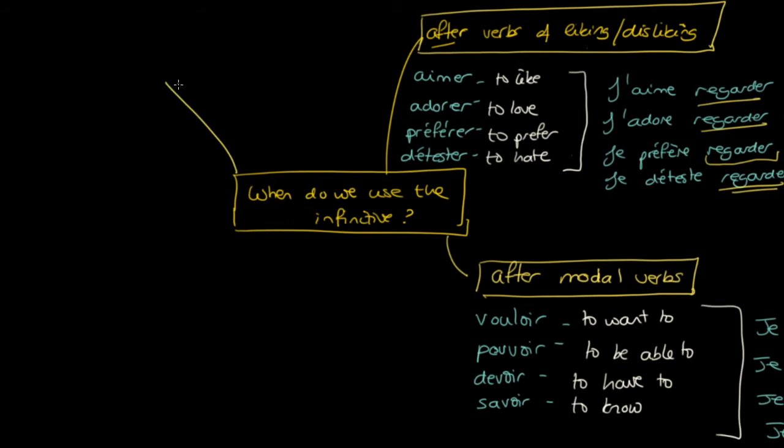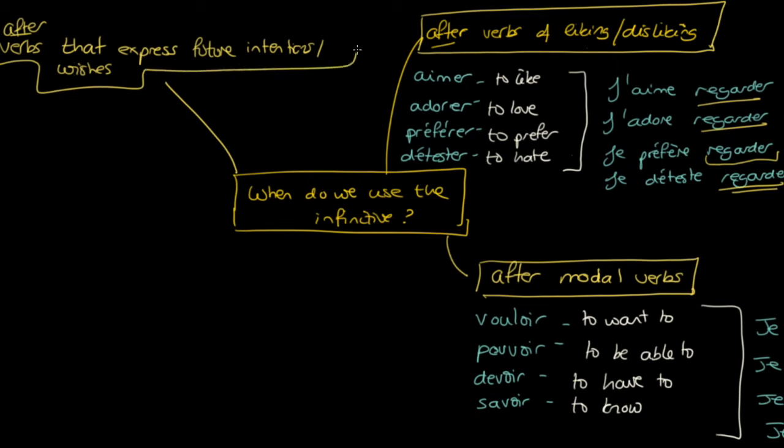Right, last ones then that we're going to look at in this one are verbs that express future intentions or wishes, sort of desires. So it's going to use the infinitive after verbs that express future intentions and wishes.